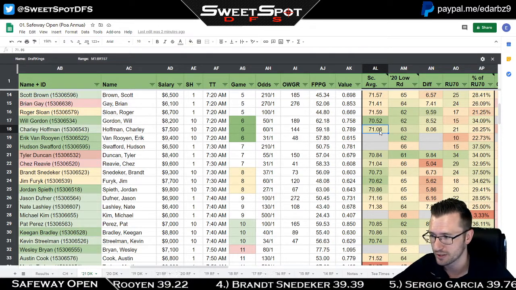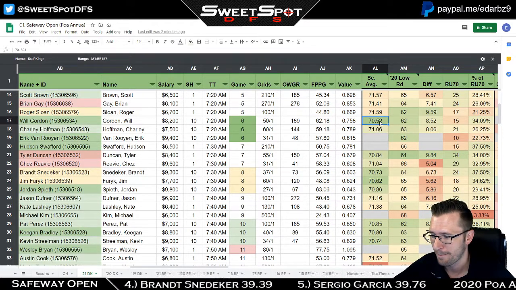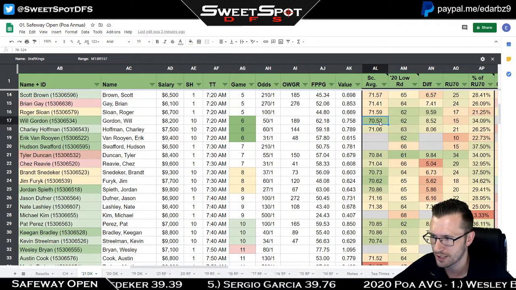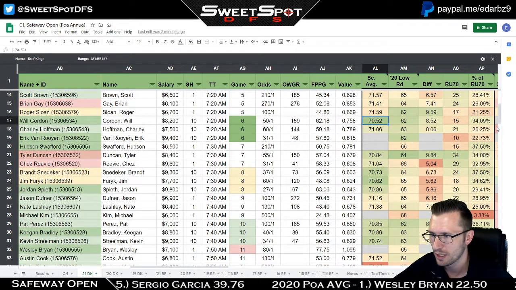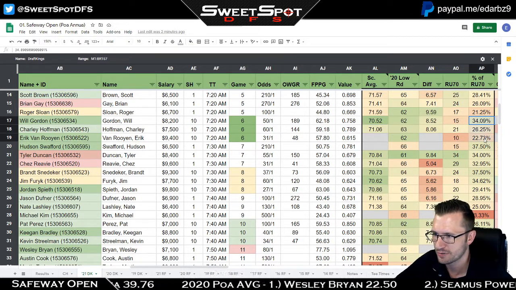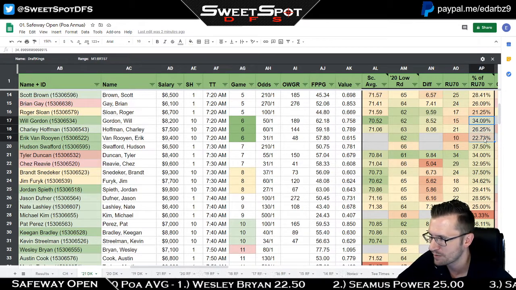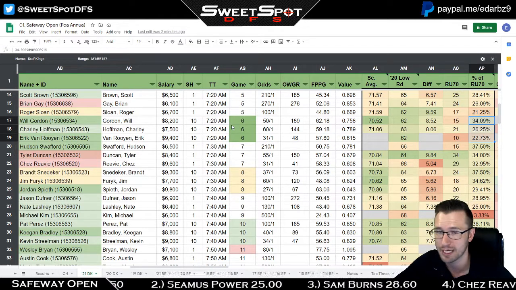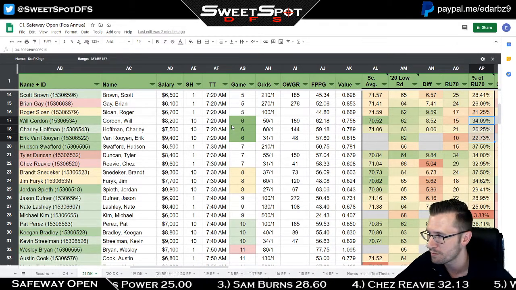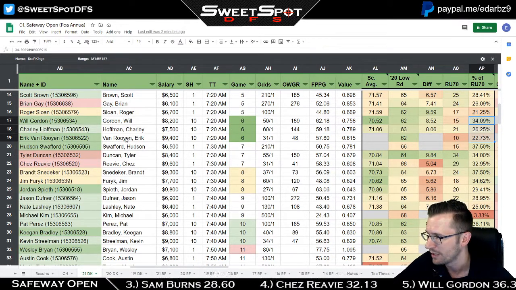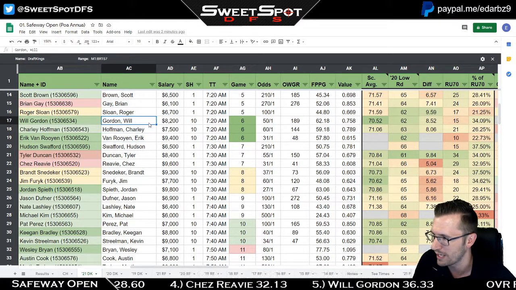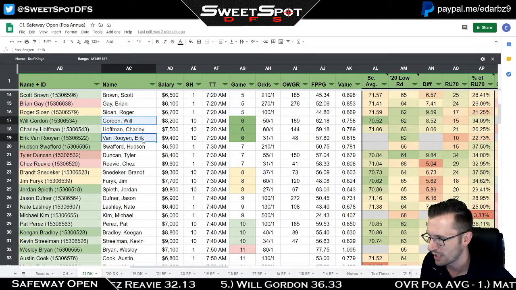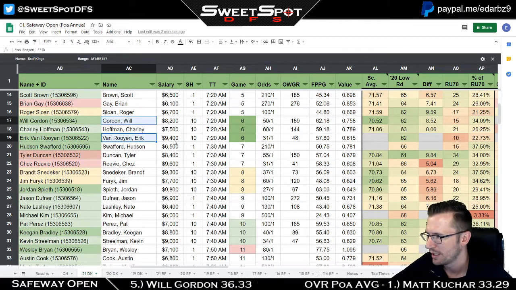But then Will Gordon is several numbers below. Their percentage of rounds under 70, not terrible. Erik van Rooyen, maybe not so much, but I think this is a group that can pick everyone up. So it's a good moment to pair these guys up however way you want to pair them up. It would work out pretty decent.